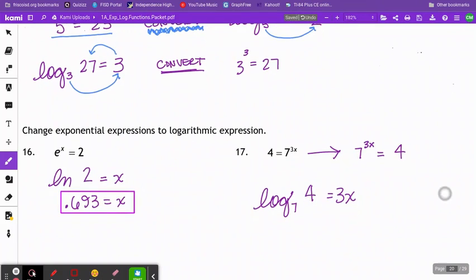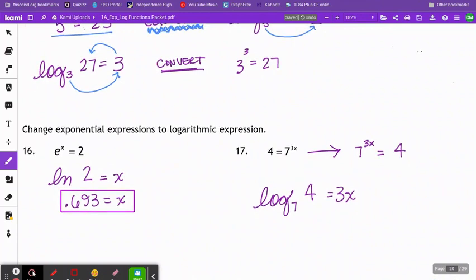Now I'm still trying to solve this equation for x. So there's another step I need to follow through with here. I need to divide both sides by 3 in order to get x alone and be able to solve for x. So right now this says that x is equal to log base 7 of 4 divided by 3. So I need to go over to my calculator.